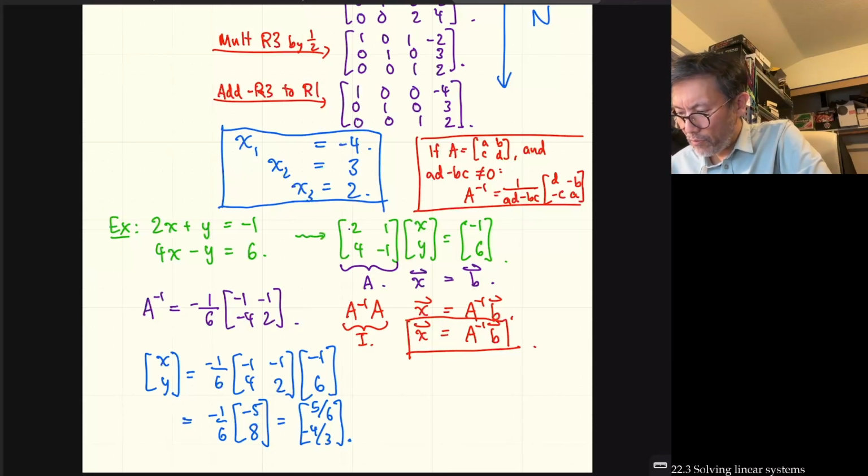Negative 1 times negative 1 is 1. Negative 6 is negative 5. What did I do wrong?